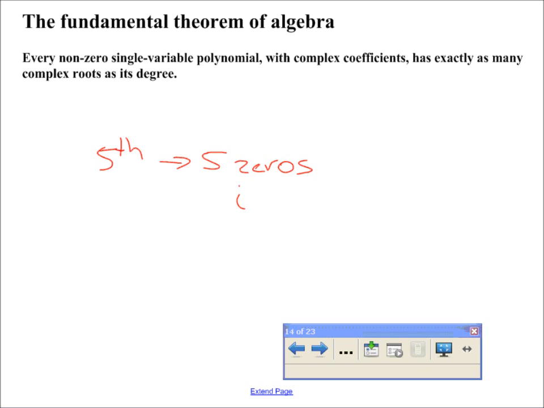The one thing you should know is that complex roots always come in pairs. So you can have 3 real and 2 complex roots in a 5th degree equation, or 1 real and 4 complex roots.